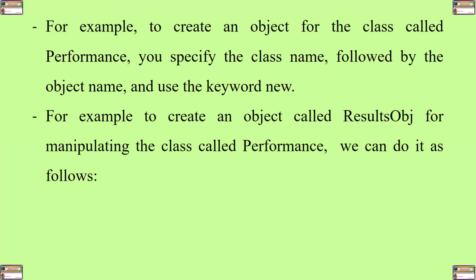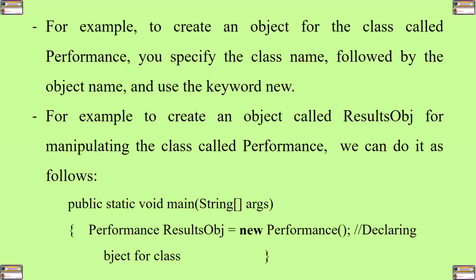For example, to create an object called results object for manipulating the class called performance, we can do it as follows. Public static void main. So this is the main method. Under it, you can create an object called results object of the class performance by specifying the class name followed by the object name, and use the keyword new.